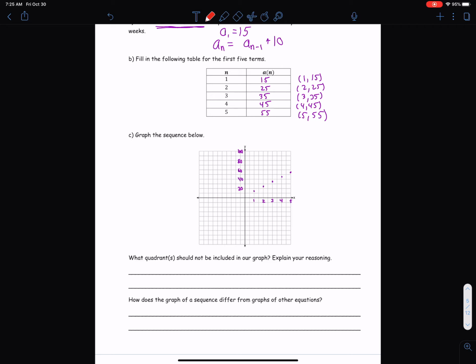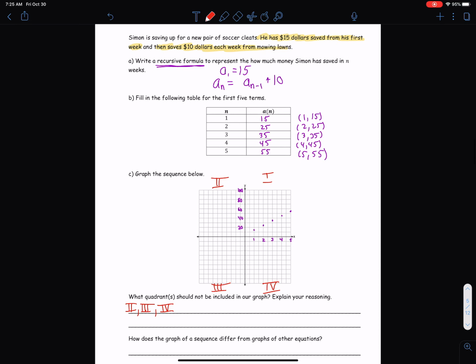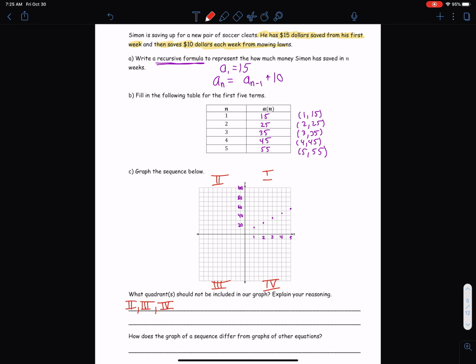So what quadrants are not included? Well, this is quadrant 1, 2, 3, and 4. So which ones aren't included? Well, 2, 3, and 4. And why are they not included? Well, you could just say, well, all the terms are positive, so they're going to be in the first quadrant. Or you can relate it back to the context, which I think is a little bit better of an answer. It's because you can't have negative time, and in this scenario, you can't have negative money because Simon's making money. He's not losing money.